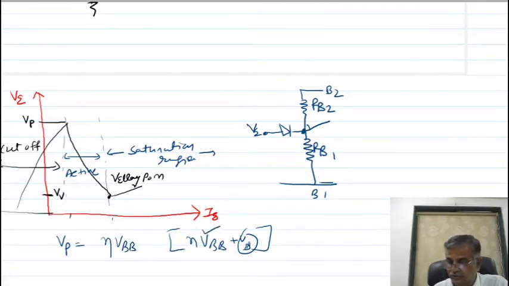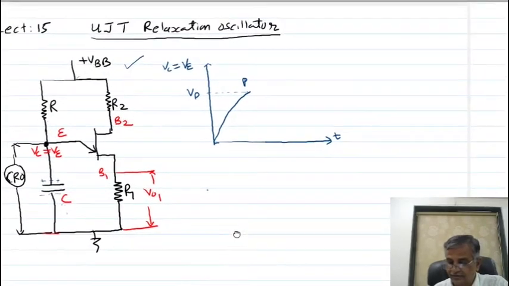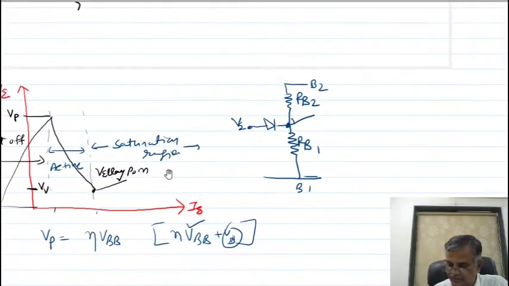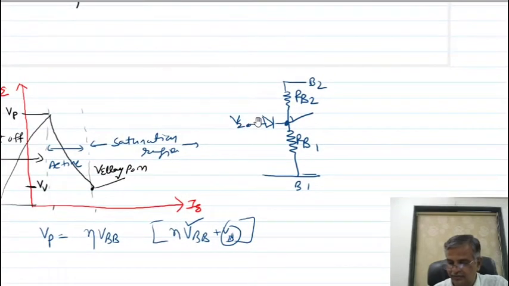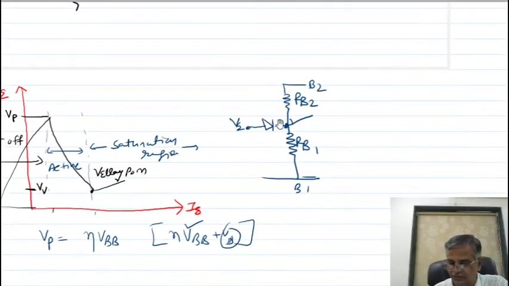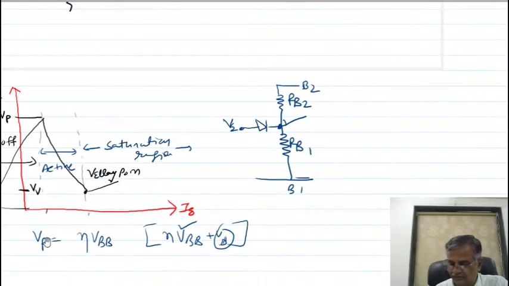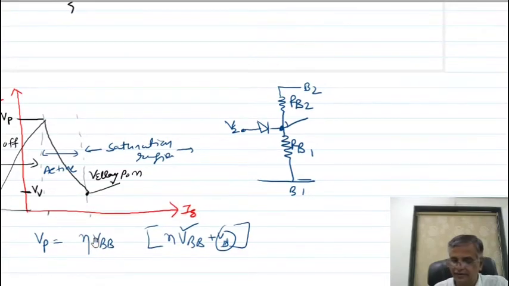So when this voltage is more than the peak voltage, the emitter voltage should be Vd plus Vp. When the emitter voltage is more than Vd plus Vp, but we are neglecting Vd, which is very small.